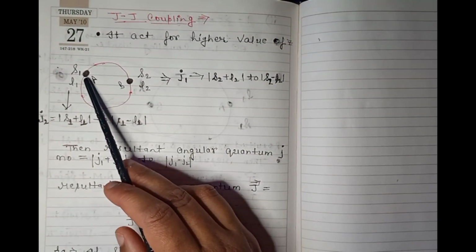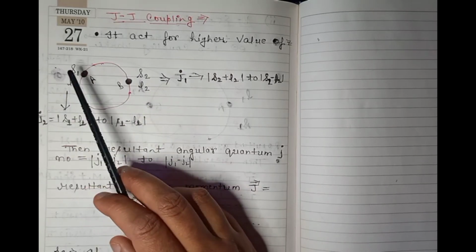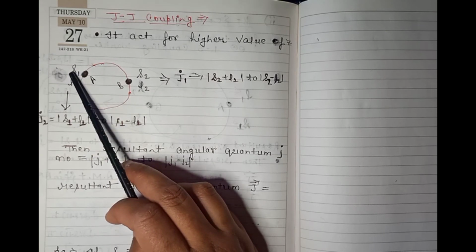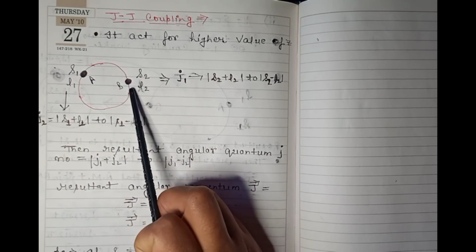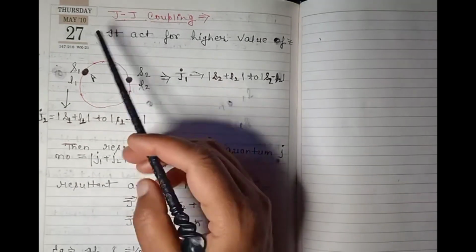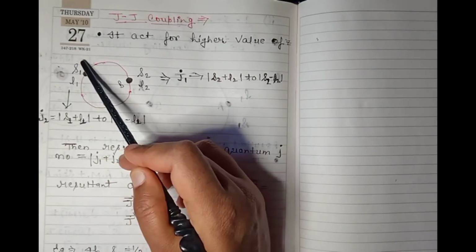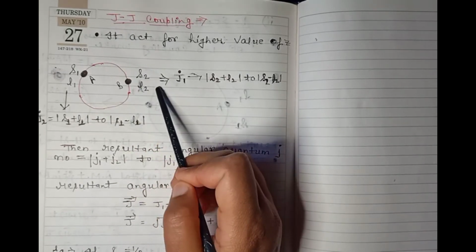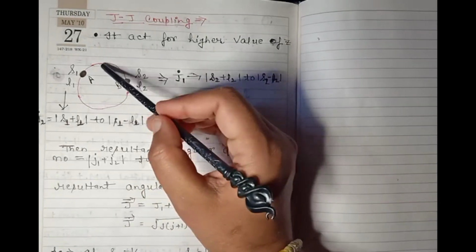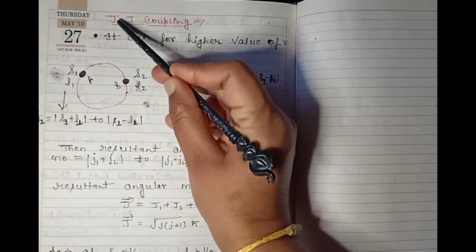Let we have two electrons A and B. A has azimuthal quantum number L1 and spin quantum number S1, and B has azimuthal quantum number L2 and spin quantum number S2. Then the resultant of A when coupled with the resultant of B, we say that it is JJ coupling.